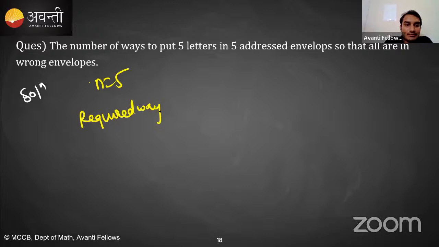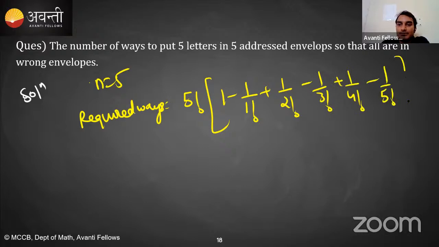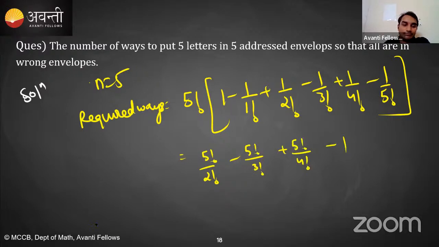Required ways is 5 factorial into 1 minus 1 upon 1 factorial plus 1 upon 2 factorial minus 1 upon 3 factorial plus 1 upon 4 factorial minus 1 upon 5 factorial. That's all. Simple. कितना आ गया ये? 5 factorial upon 2 factorial minus 5 factorial upon 3 factorial plus 5 factorial upon 4 factorial minus 1.